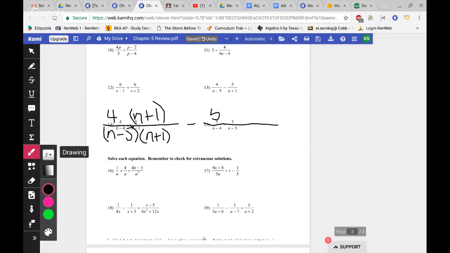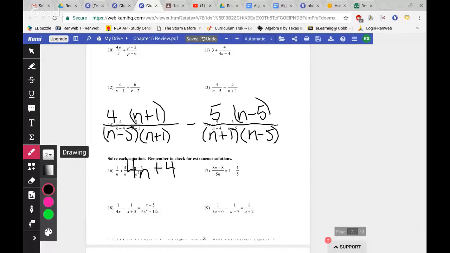And then you've got 5 over n plus 1. And then I'm going to multiply that by the missing factor, which is n minus 5. And whatever I do to the denominator, I need to do to the numerator so that I don't change the value. And now I'm going to distribute that 4. So on the left-hand side, I've got 4n plus 4.